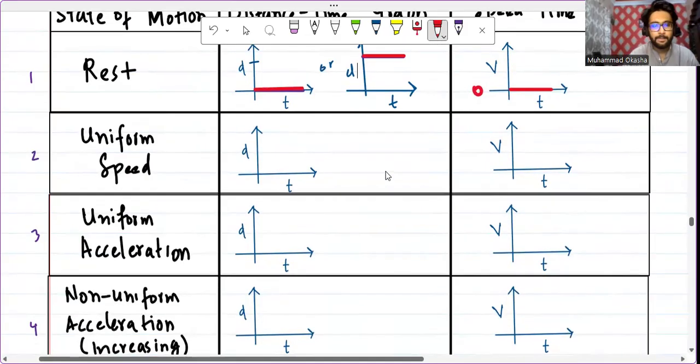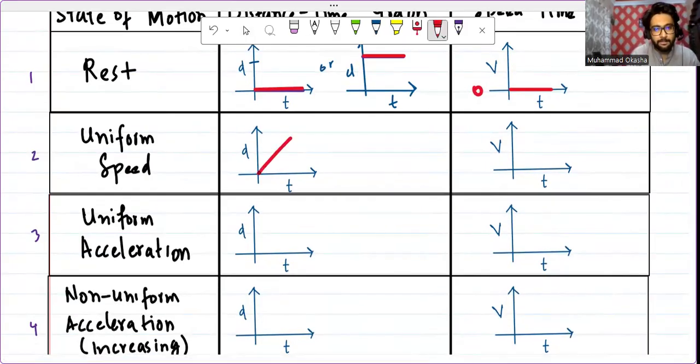How is uniform speed represented? Uniform speed is represented like this on a distance time graph, while on a speed time graph, uniform speed is represented like this. That's how a horizontal line represents a uniform speed.